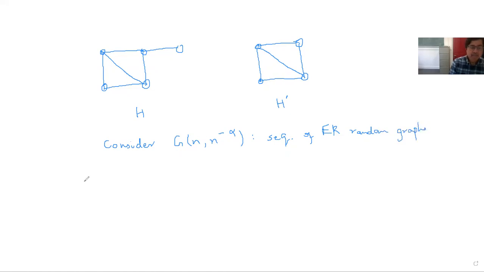Okay, and then we showed that the expected number of copies of H, and we also took alpha to be 9/11.